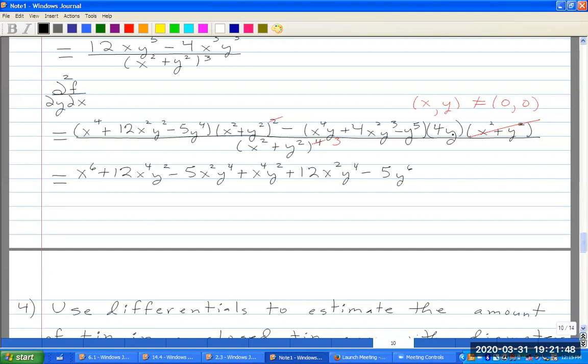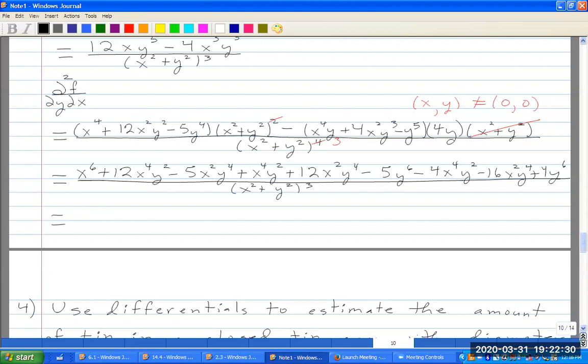Multiply everything by negative 4y, negative 4x to the 4th y squared, negative 16x squared y to the 4th, minus and minus is a plus 4y to the 6th, all divided by x squared plus y squared cubed.